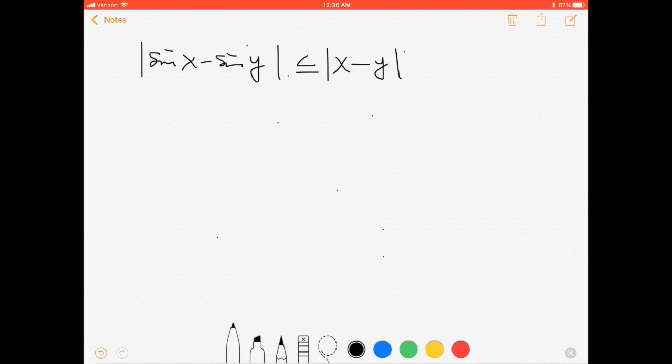Okay, this is more correct. How do we prove this fact? We need to use the mean value theorem.